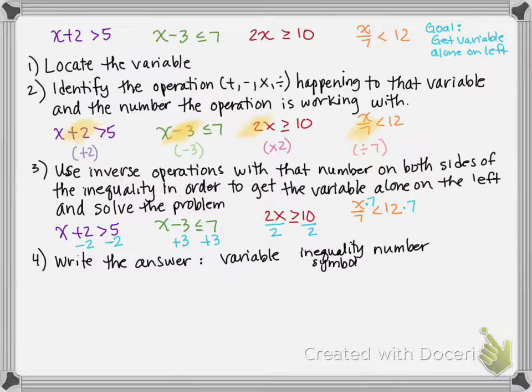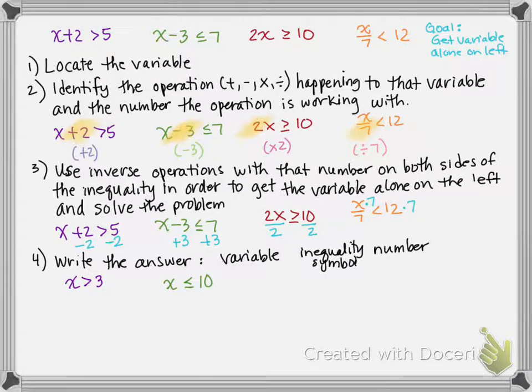Okay, so first problem. If I subtract 2 from both sides, that leaves me just with x is greater than 5 take away 2 is 3. On the second one, if I add 3 to both sides, that just gives me x. When I add opposites, I get 0. And then 7 plus 3 is 10. Yeah, sorry, I lost where I was.